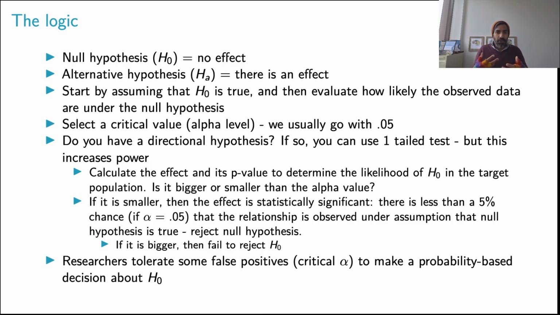But both of those inferences relate to the null hypothesis. Just because you reject the null hypothesis doesn't necessarily provide support for the effect that you think is there. There could be many other effects happening, which is why we reject the null hypothesis here. So it doesn't lend support to the alternative hypothesis.